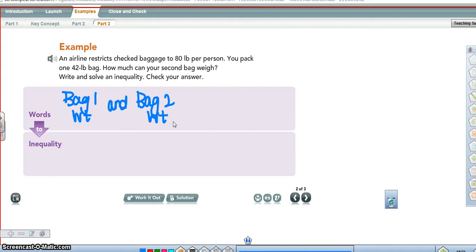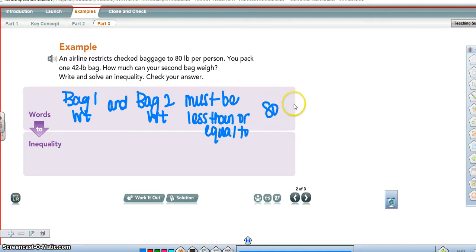It can only be less than 80 pounds, or it could be exactly 80 pounds, but it can't go over. So bag one's weight and bag two's weight must be less than or equal to 80 pounds total.